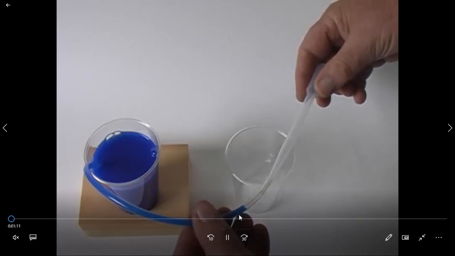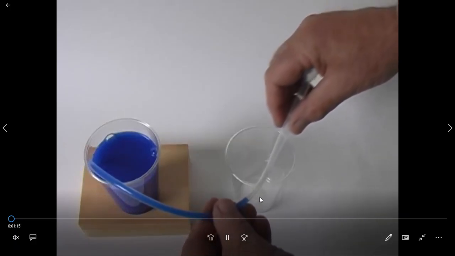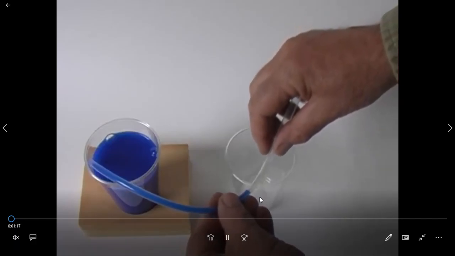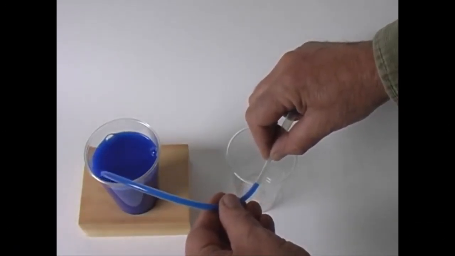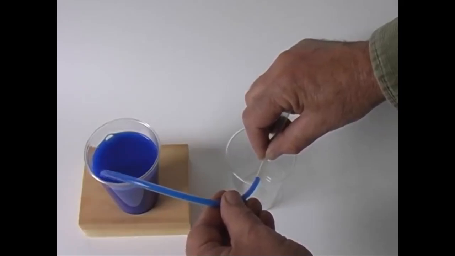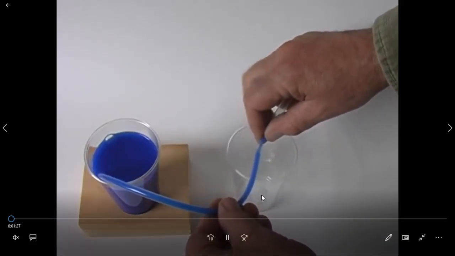Then they suck up to that mark, and let's see what they are doing. They are just placing this tube into the bottom container.